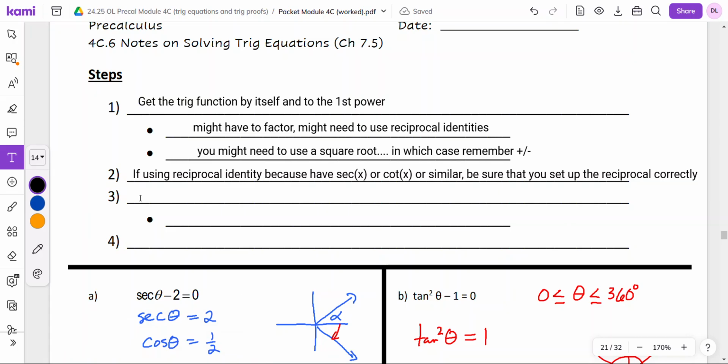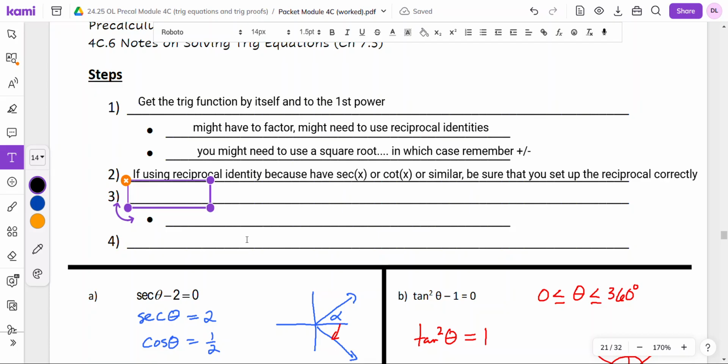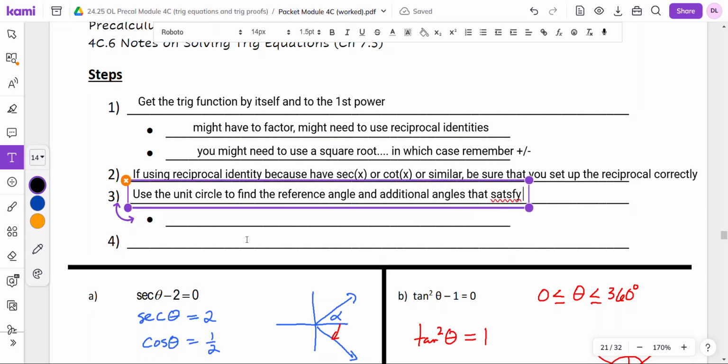All right, okay, once we have that, we have our equation isolated, our trigonometric function reduced, right? Then we're going to use the unit circle to find the reference angle and additional angles that satisfy the equation.